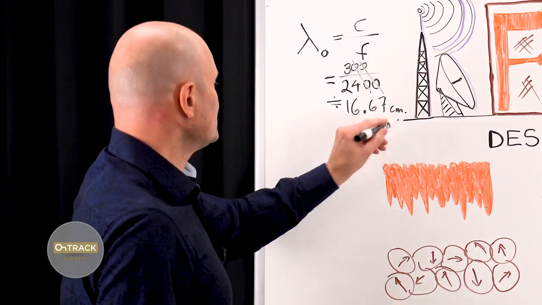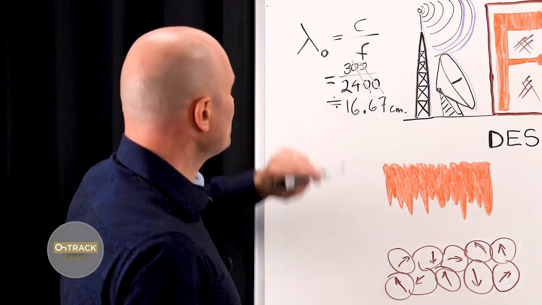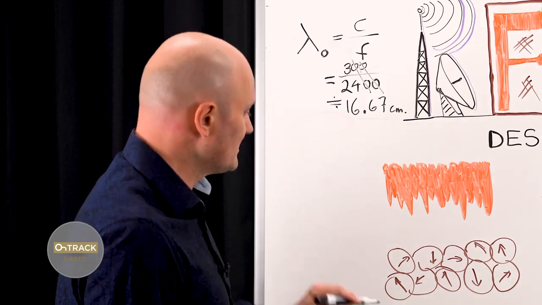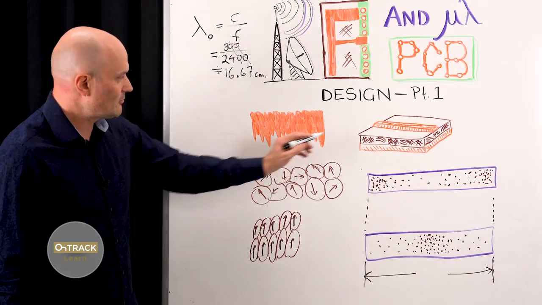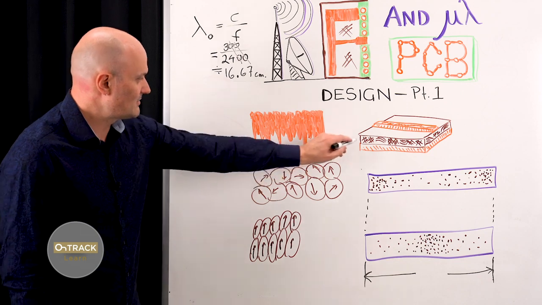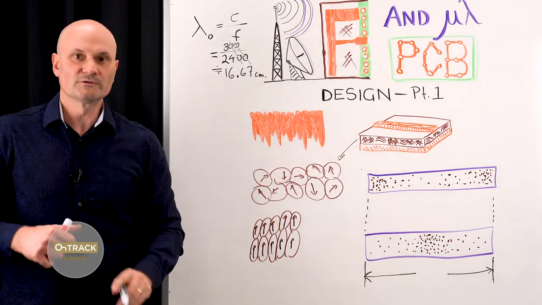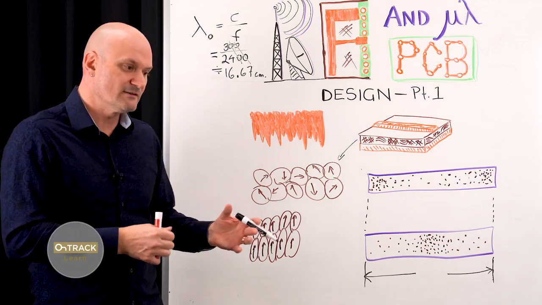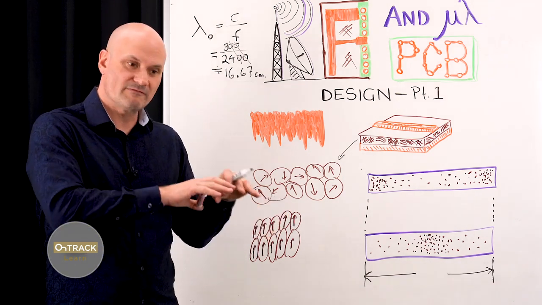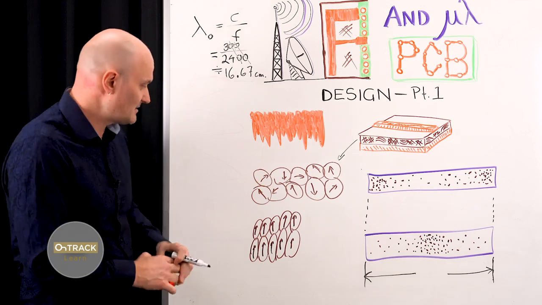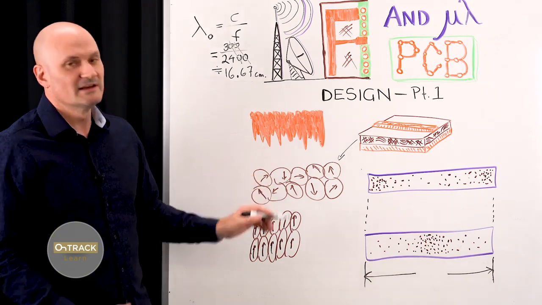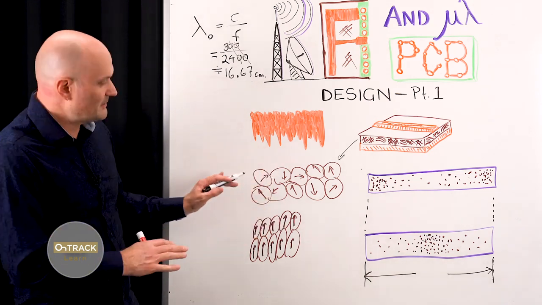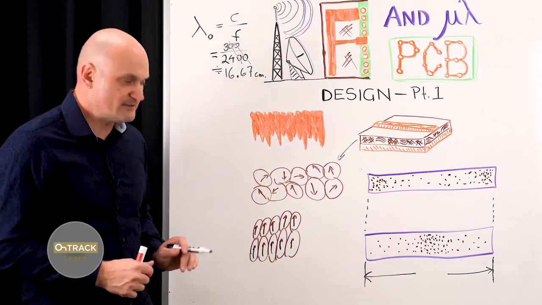So 16.67 centimeters. Now, if you're in a PCB, it's a bit different, because in a PCB, we have this dielectric. And the dielectric is made up of all sorts of different molecules in a glassy kind of plastic. And of course, we have the e-glass fibers, which are the reinforcement. This is an oversimplification, but it's just to help understand.